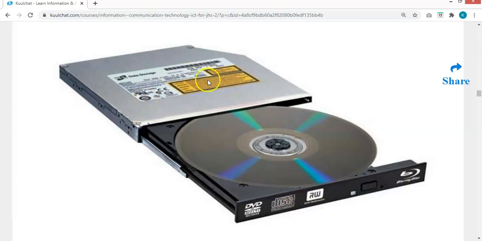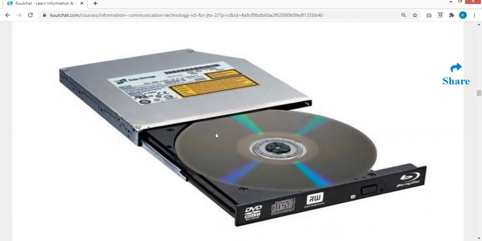Okay, so this is the CD drive or CD-ROM. So we have the container of it, which is the drive, and we can put our CD or DVD inside. Any of them, it's mixed. Once we put it inside, we can store our information in it.